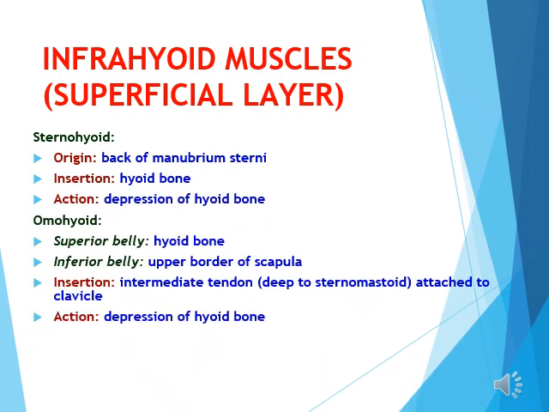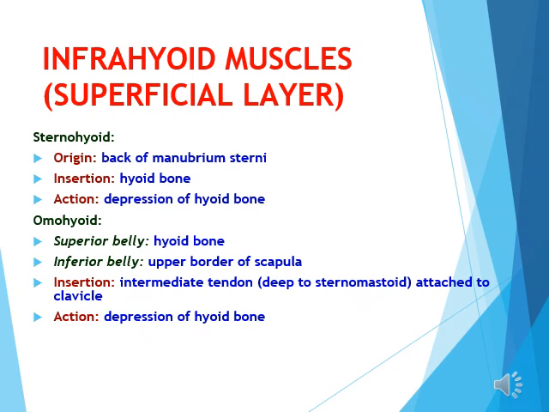Now let's shift our focus to the superficial layer of the infrahyoid muscles, which lies just beneath the investing layer of deep cervical fascia and plays a crucial role in stabilizing the hyoid bone during swallowing and speech.